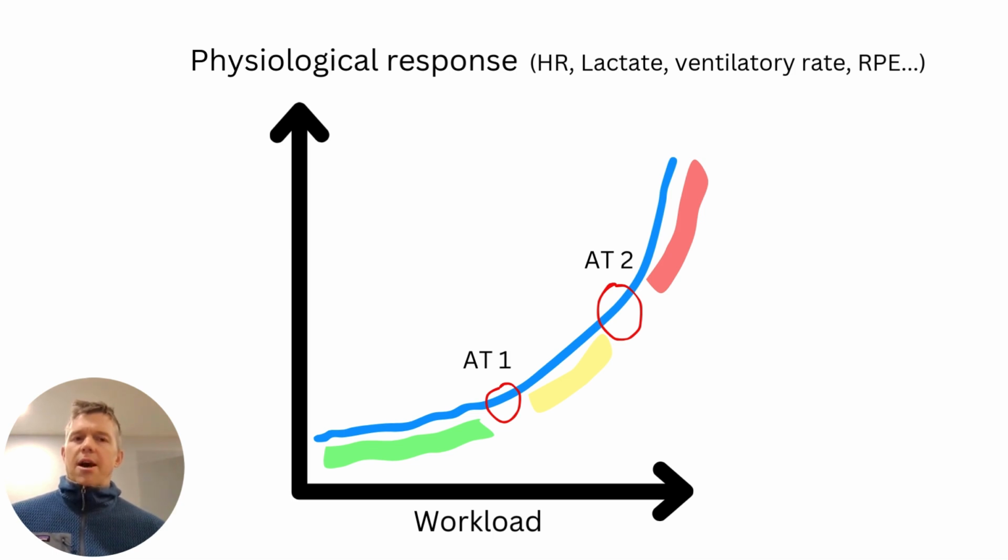For us as endurance athletes, the key thing that our thresholds are delineating is fuel source and what metabolic pathway is our body using to convert that fuel source into ATP, which is what our muscles need to perform work. So in the green zone, we're using predominantly fat.